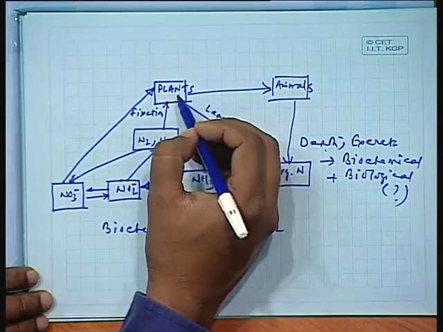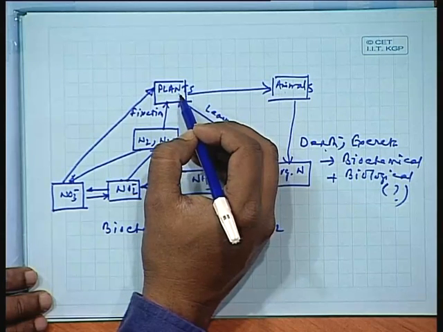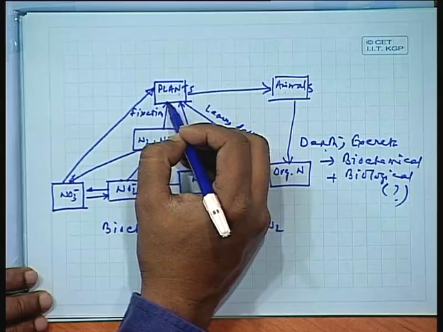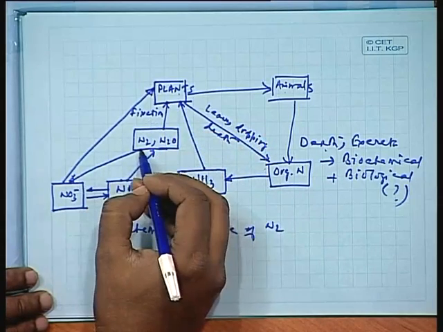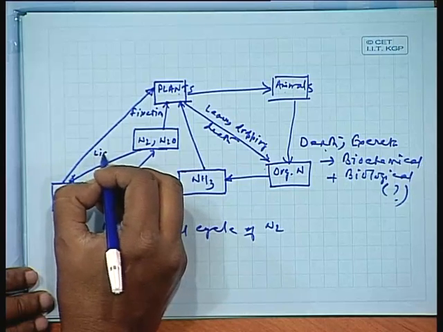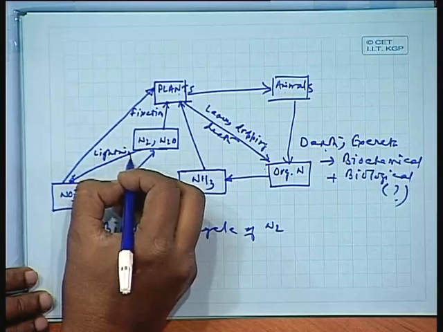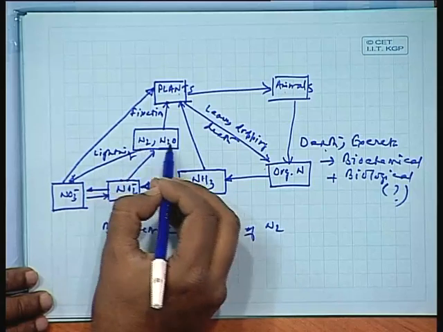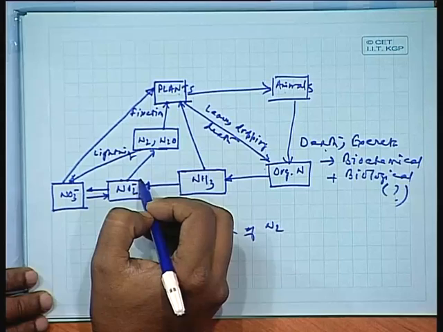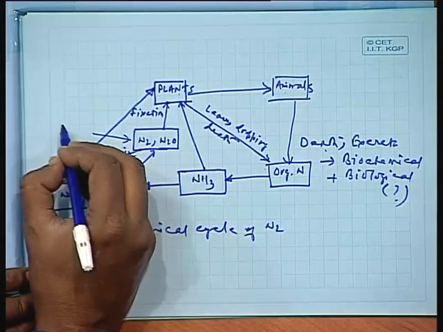There are leguminous plants which can fix nitrogen in their roots, and this is fixated in the plants. Then finally there is lightning. You just write this. This N2, N2O which is released from the NO2 would be in the atmosphere.